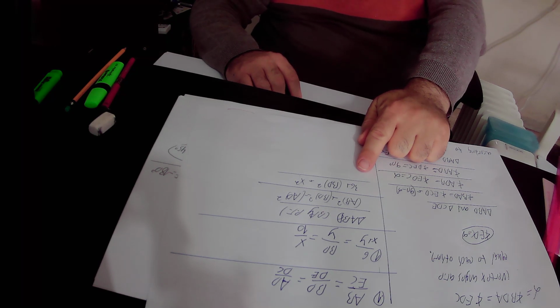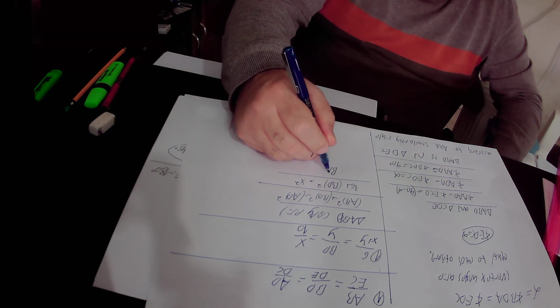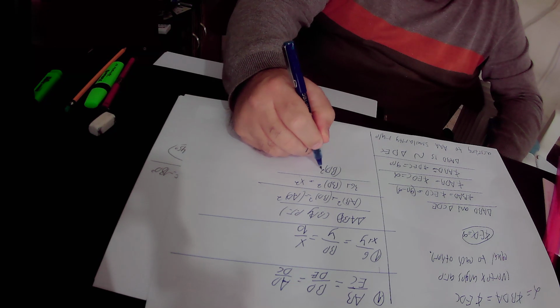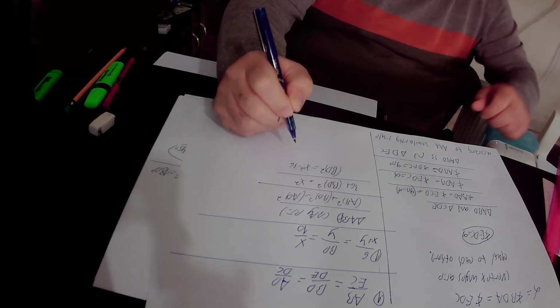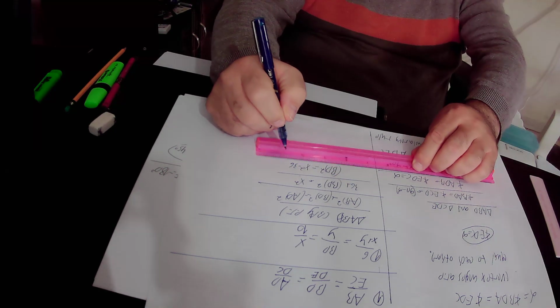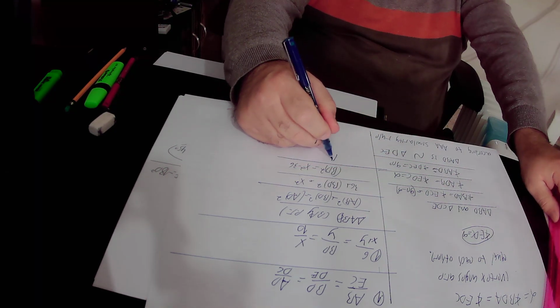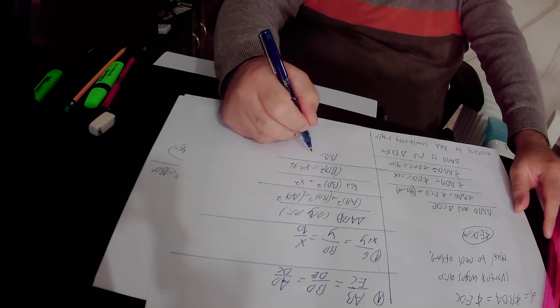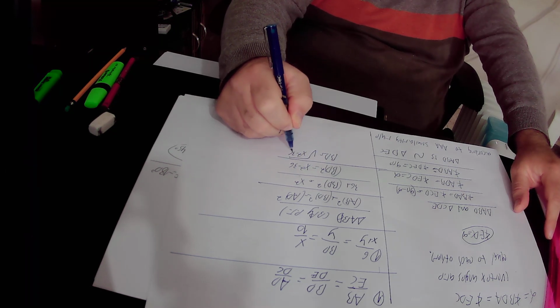Here we'll subtract 36 from this equation and we'll get that BD squared equals X squared minus 36. Here we'll take a root of this equation and we'll get that BD equals the square root of X squared minus 36.